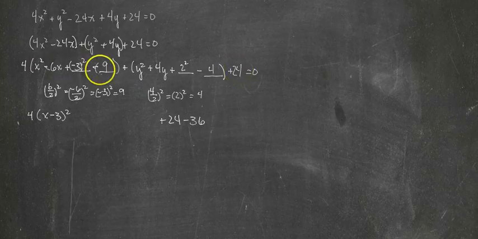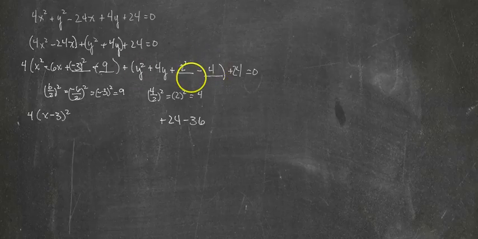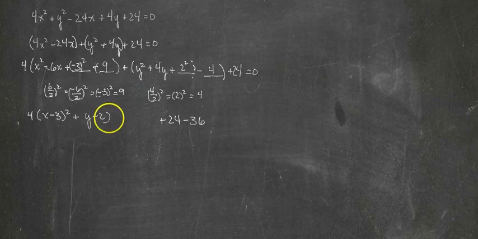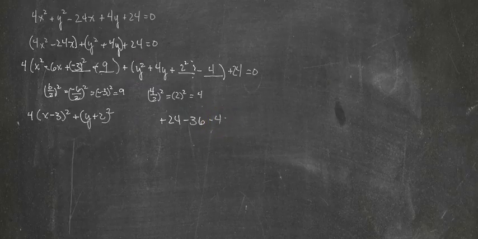So I've dealt with all the parts of the x term, now completing the square on the y term. The perfect square is here. So I have plus y plus 2 squared minus 4, which I'm going to put here with my constant values. Now I left myself more room, but that's okay.